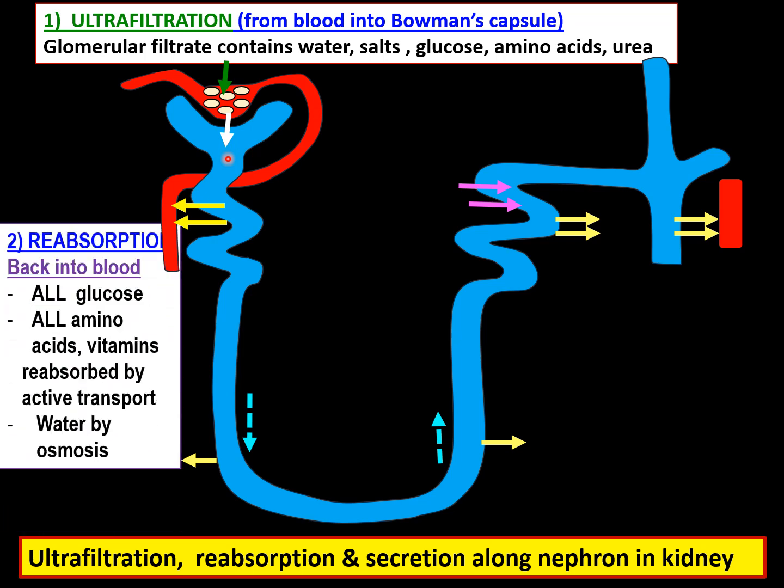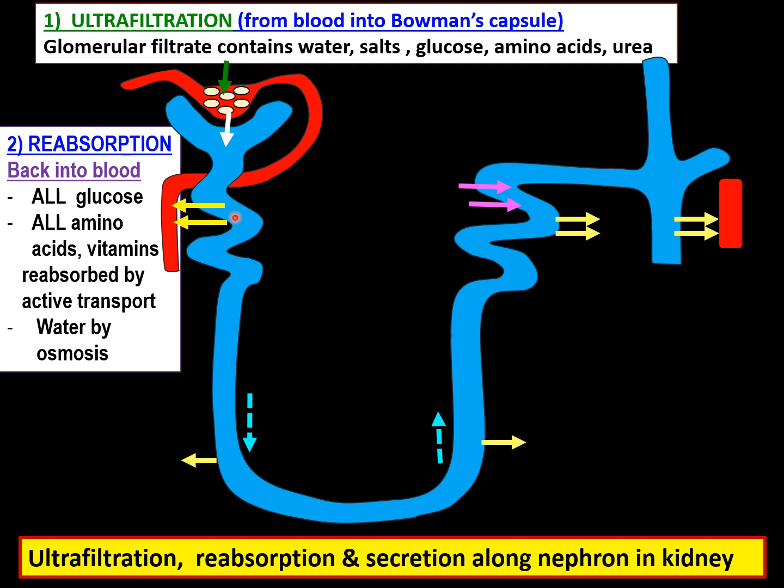Then reabsorption occurs in the proximal convoluted tubule, the loop of Henle, the distal convoluted tubule, and also in the collecting duct that collects the urine.